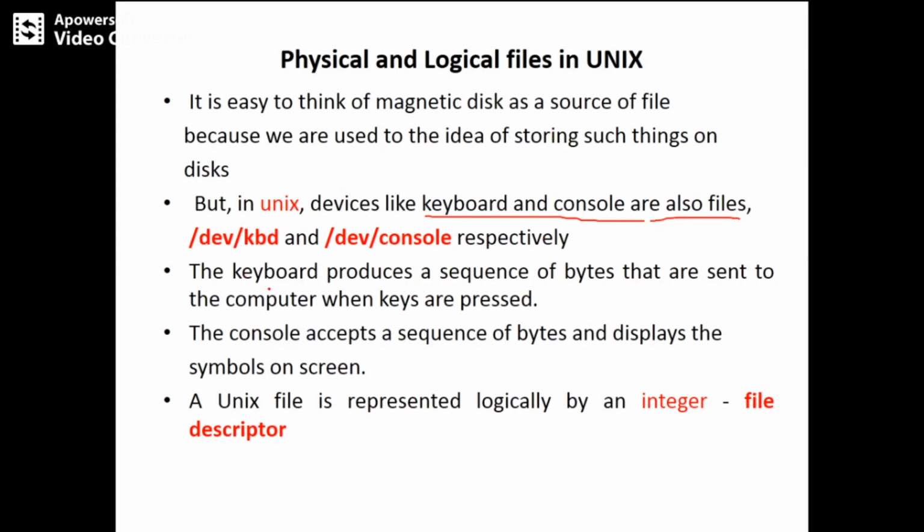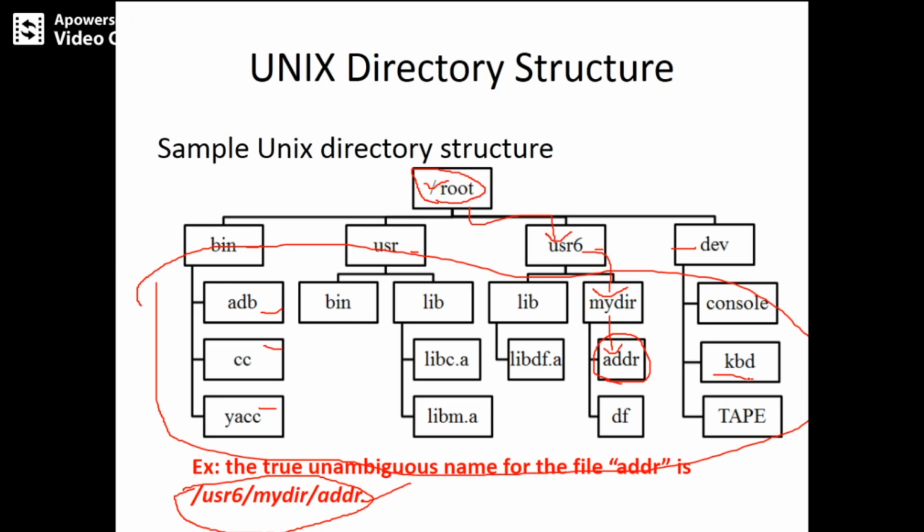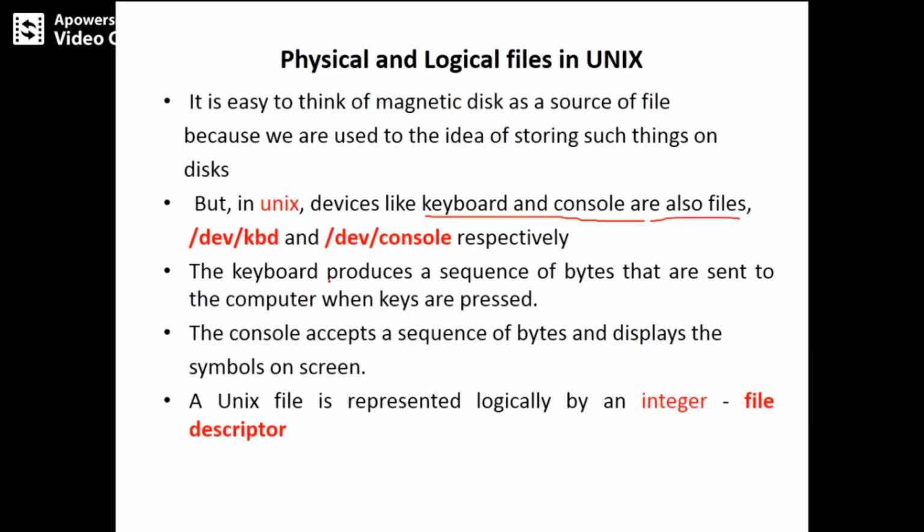If you see this example, you can see the keyboard over here. The keyboard acts as a file here. So how can you access that keyboard? You can access it by slash root slash dev slash keyboard, right? The console also acts as a directory. So in Unix everything is a file.